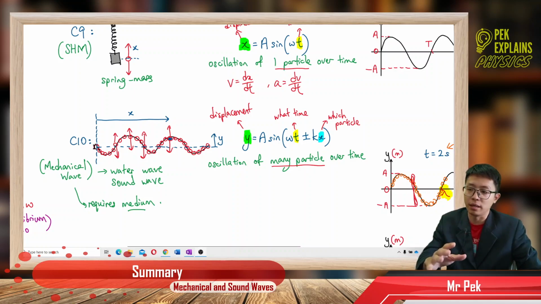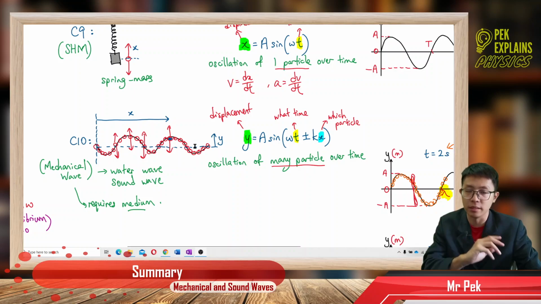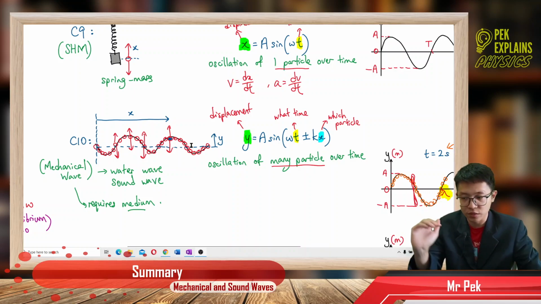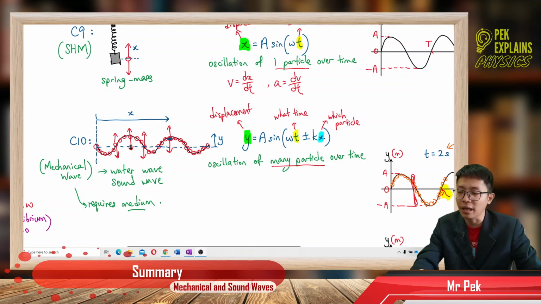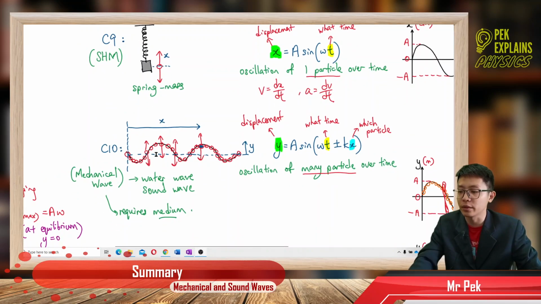So in chapter 10, we are talking about the oscillation of the many particles in the medium in order to transfer the energy, to transfer the wave. Not just the oscillation of one particle like the block. This time we are talking about the oscillation of the many particles of the medium that transfer the energy.